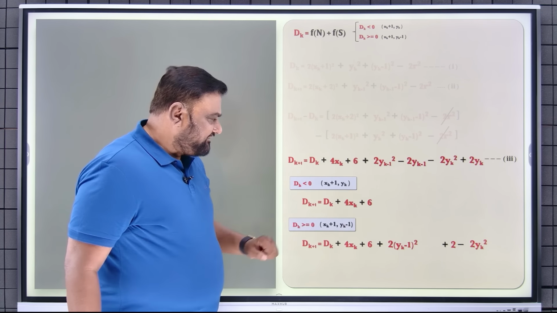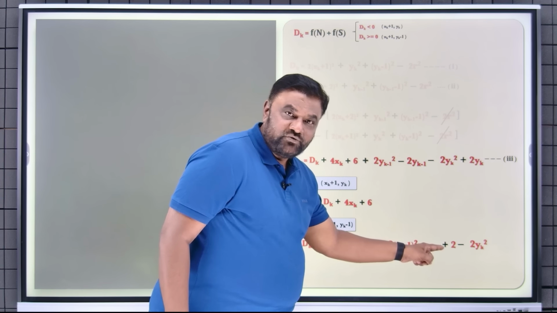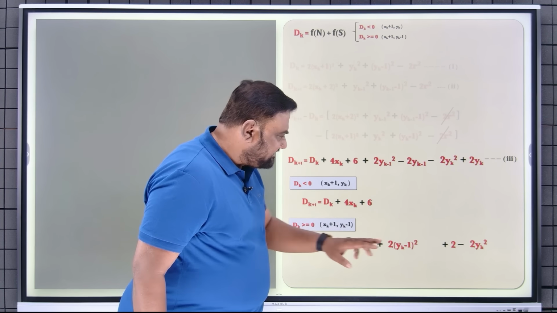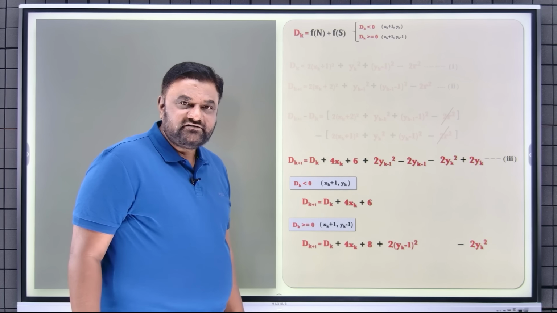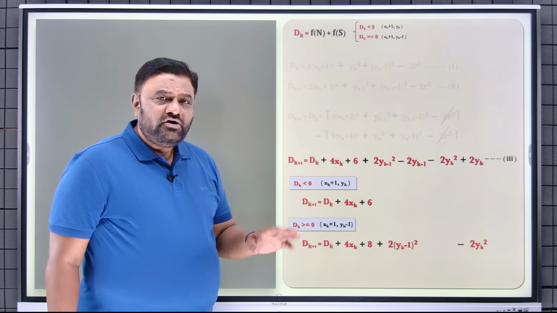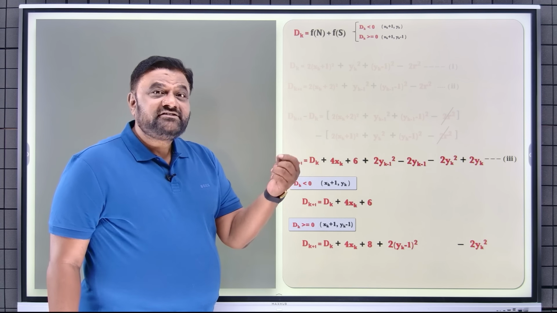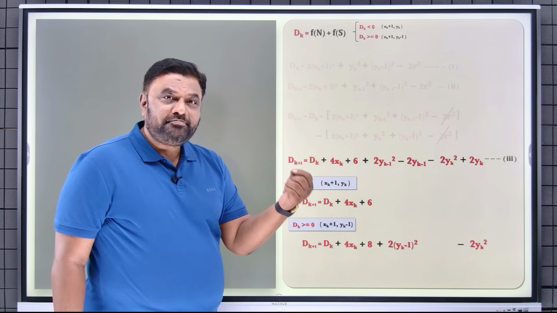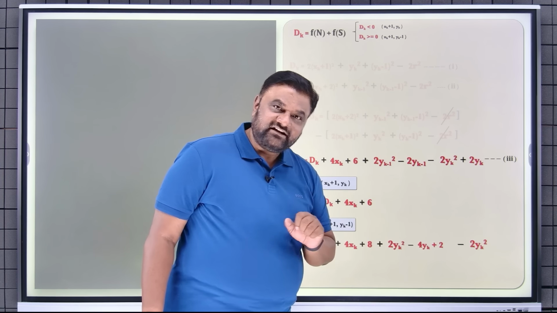I can further simplify this one. This is 6 plus 2. How much it is? 8. Remove this 2. Now we have to expand this one. What that will be? 2yk square minus 4yk plus 2. Directly you can do that one. So I have already directly done it.